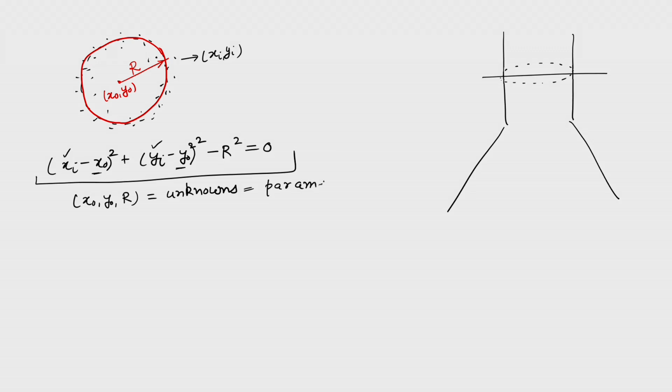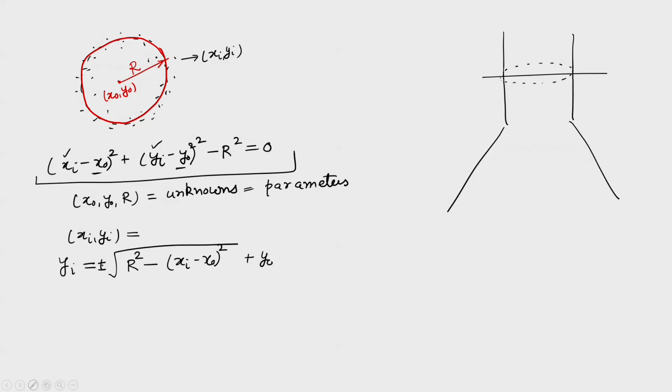On the other hand, can you use the observation equation method? Okay. In the observation equation method, remember, I should mention the dependent variable explicitly in the form of the independent variable, but here I am observing xi and yi. You can argue that I can write yi equal to plus minus, I can write this way.